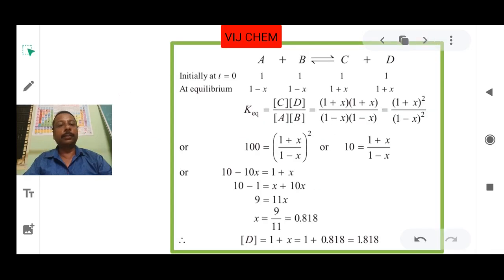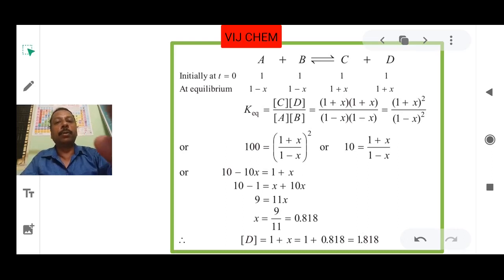Okay, here is the answer. Simple, 1 mole each are taken. Okay, and 1 minus x, 1 minus x, 1 plus x, 1 plus x. Product will form, that's why it is plus. Reactant will be utilized, that's why it is minus. So substituted in the Keq, 100 is equal to the ratio of squares.